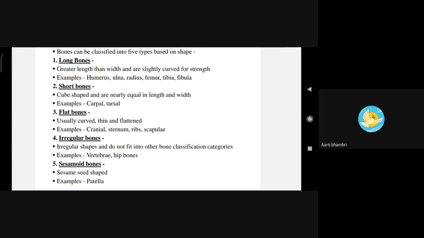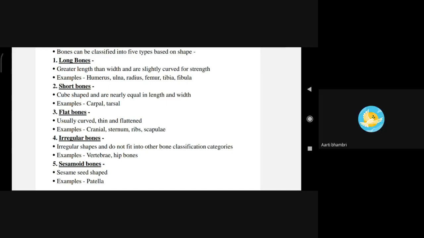Can you reply how many bones are there in an adult body? 206. Very good. And how many bones are there in a newborn child? 270. Anyone speaking about 306?